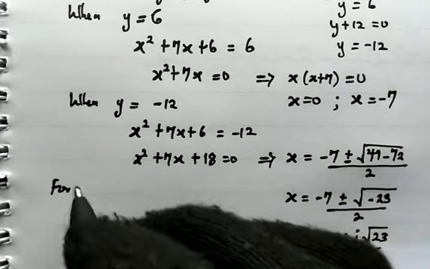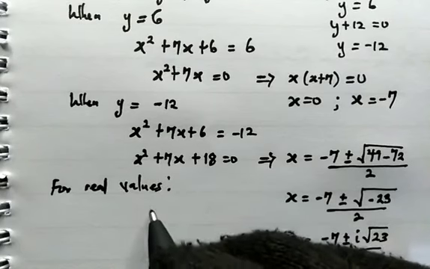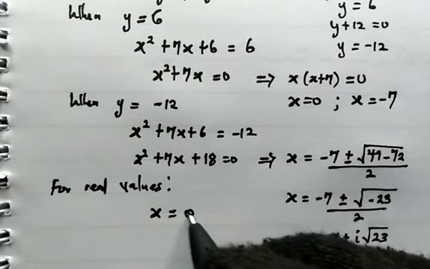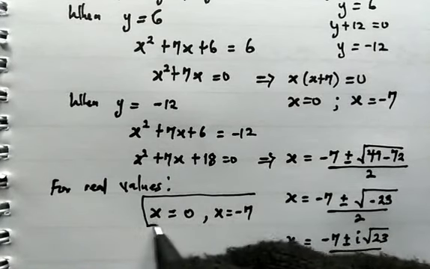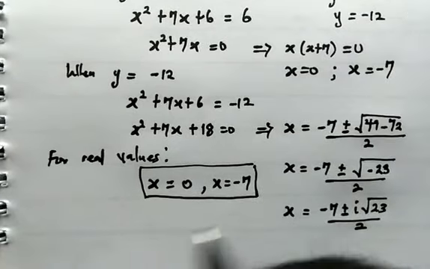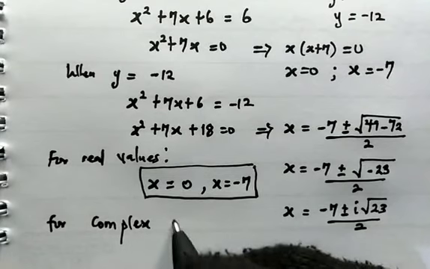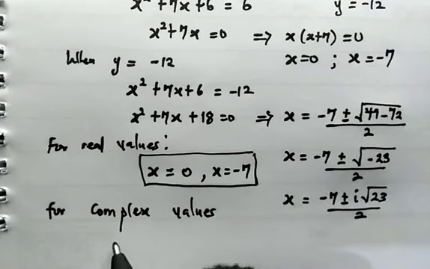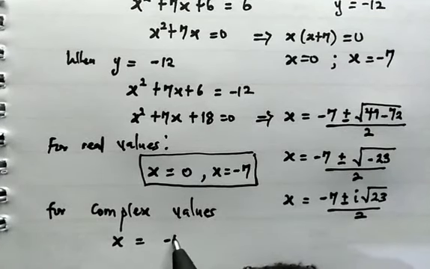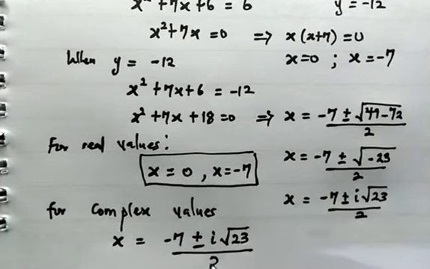So for real values, x is equal to 0 and x is equal to negative 7. Then for complex values, we have x is equal to negative 7 plus or minus i root 23 all over 2.